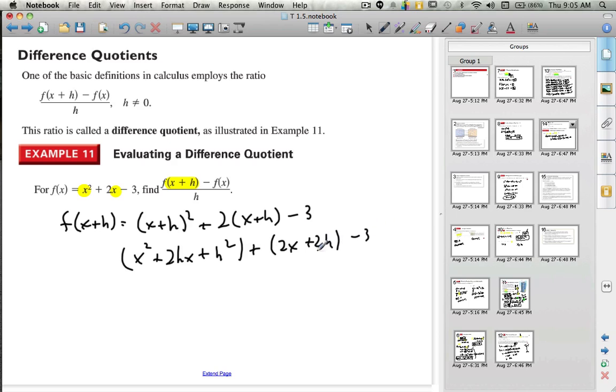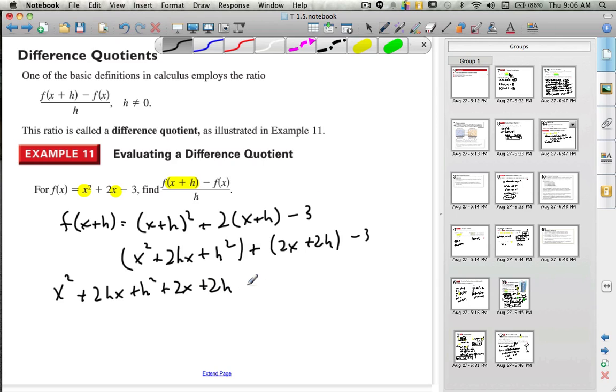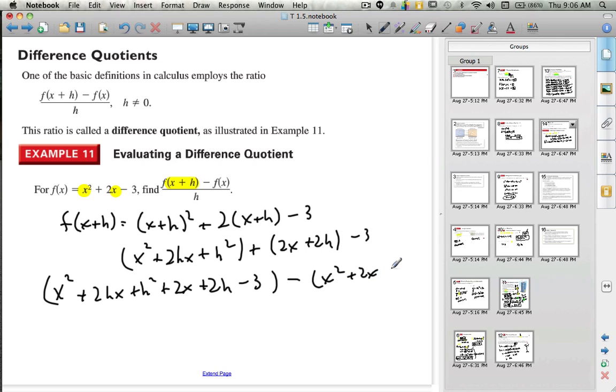Now I want to combine like terms, but there really aren't any. Minus f of x, which is x squared plus 2x minus 3, and this whole thing would be over h.